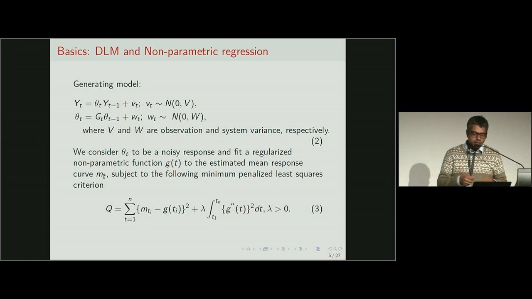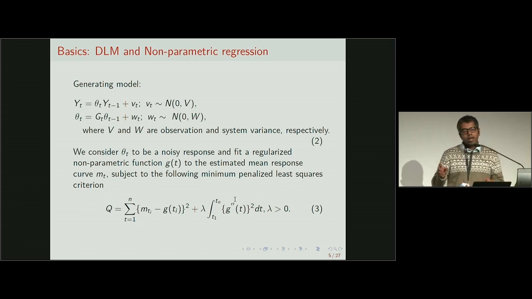So what I suggest is we smooth, or interpolate, this noisy object with an interpolant. Here I have used non-parametric regression, a very well-known penalized spline equation. So I fit a smooth function g_t to M_t with respect to this penalty factor.